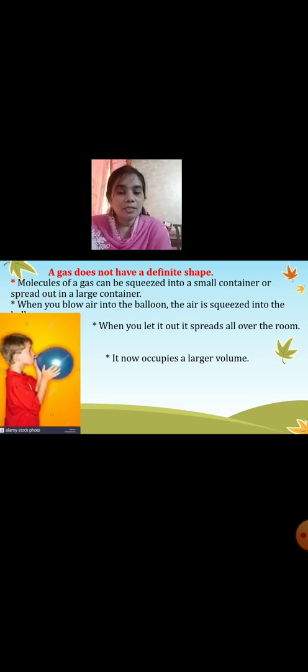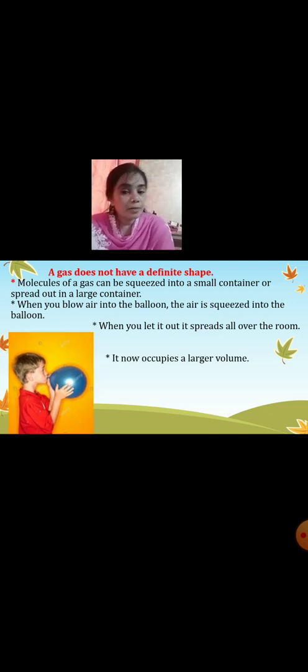As I said, when you spray a perfume bottle in the room, it spreads all over the room. Here is another example you can see on the screen. The boy is blowing air into the balloon. So the air is caught inside the balloon. Now if you let the air outside, what happens?